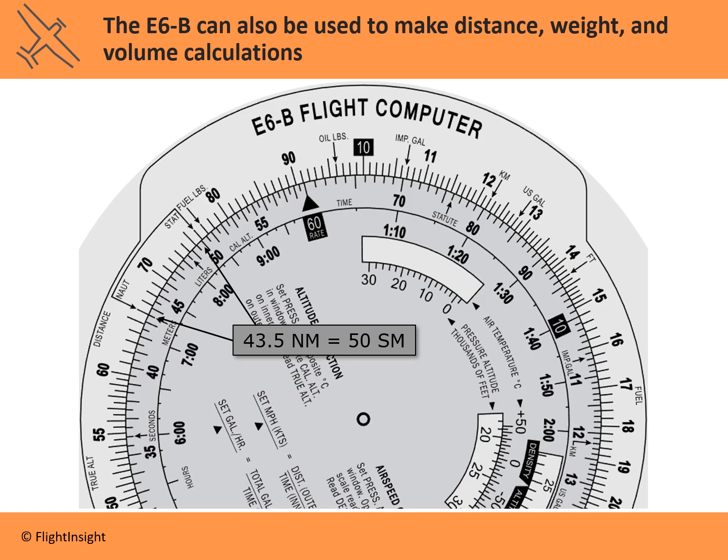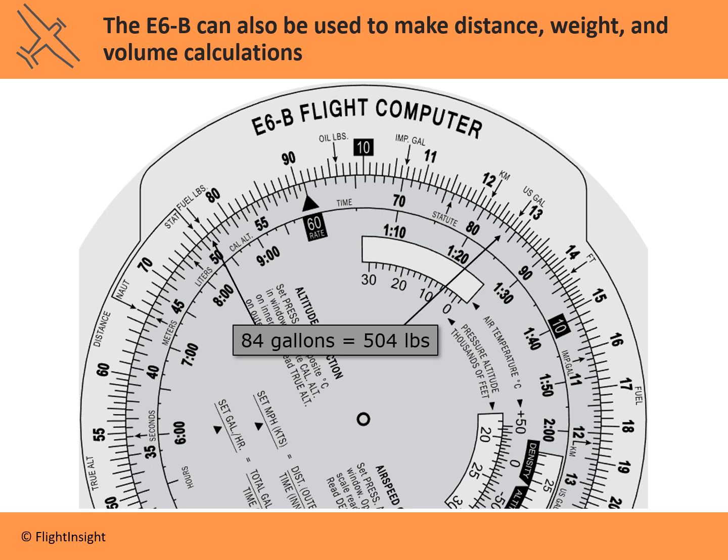We can also use the E6-B to make some basic conversions for distance, weight, volume calculations. So notice that if you line up those arrows, you notice the arrow that says naut or nautical. If I line that up with a certain nautical mileage, like 43.5 from the inner scale, and then I read the arrow that says stat or statute for statute miles, I can kind of convert my 43.5 nautical miles to 50 statute miles.